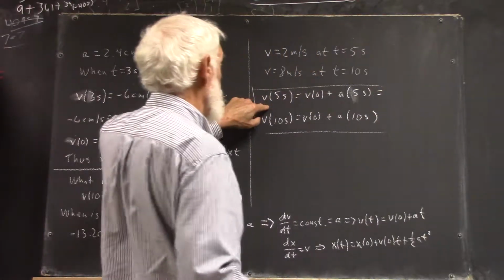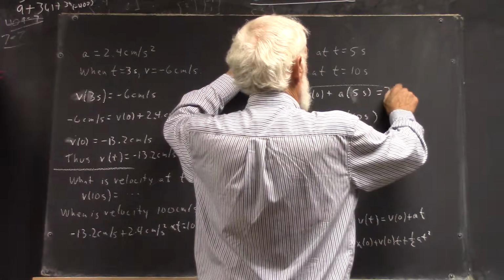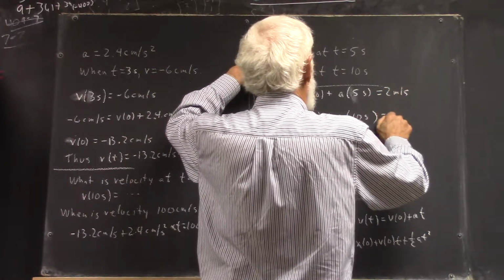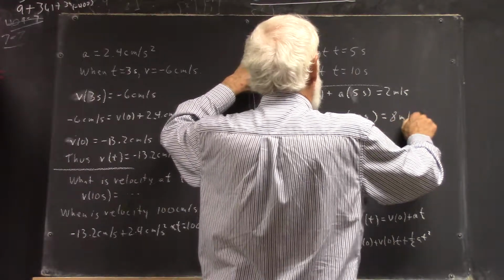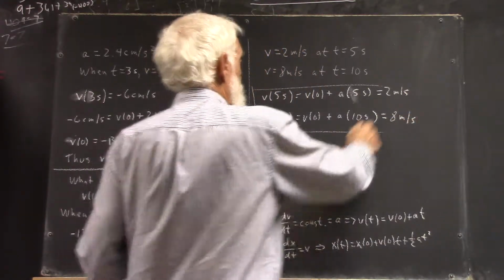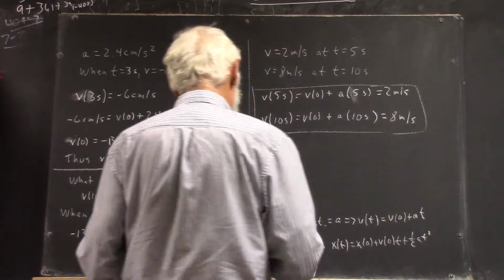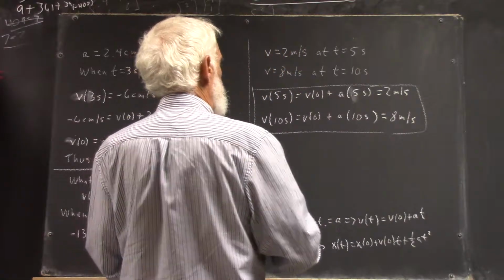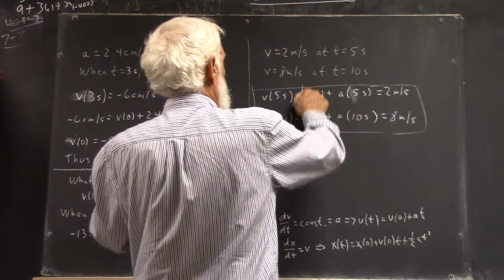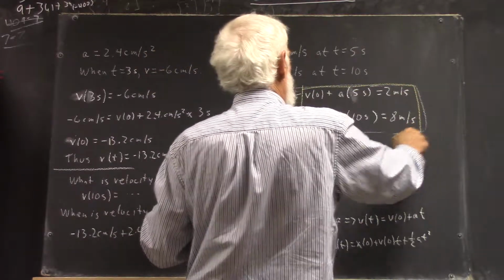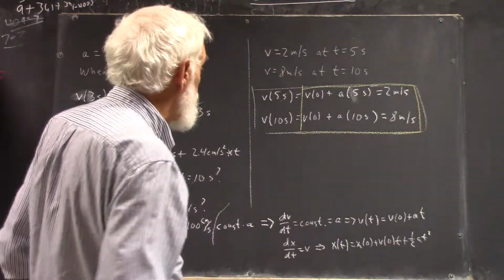We're given that v of 5 seconds is 2 meters per second, and this is 8 meters per second. So we have this information. We don't need this. Our simultaneous equations are here.